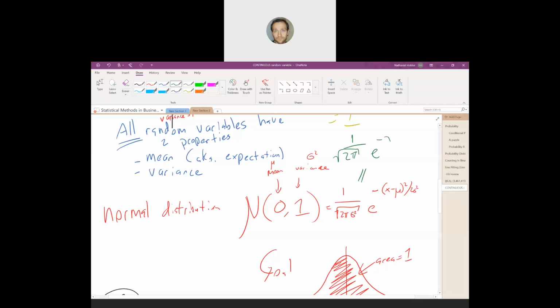And then we have e to the minus x squared over 2, because mu is 0, so we're not taking anything away, and sigma squared is 1. So this is the normal equation for the normal. This is in general. Let me put this here, actually.